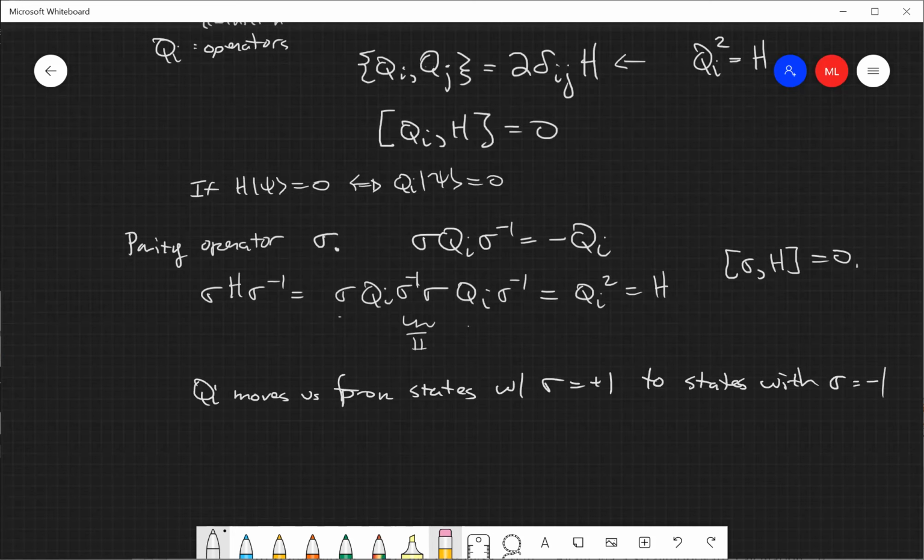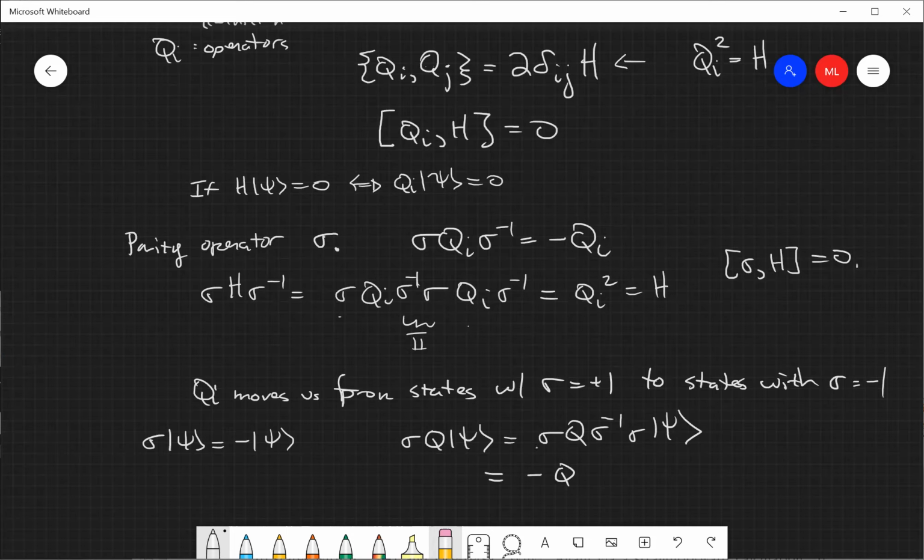Because if, say, we had an eigenstate of sigma that was minus 1, then if we do sigma Q psi, this would be sigma Q, and the transformation here gives us a minus Q, sigma psi. But if sigma psi is itself minus psi, then the minus signs cancel, and we get Q psi.